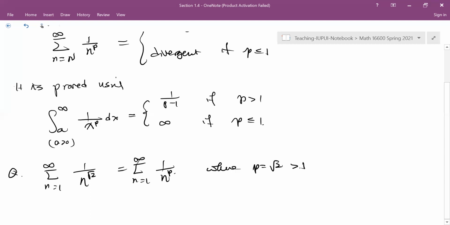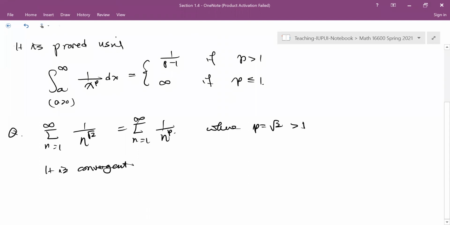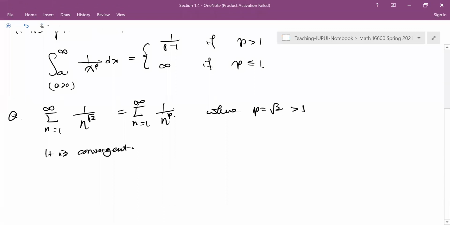Square root 2 is greater than 1, so it is convergent. You can actually estimate the series, you can even estimate the sum.